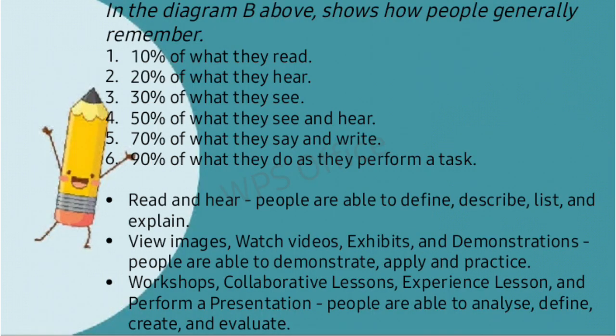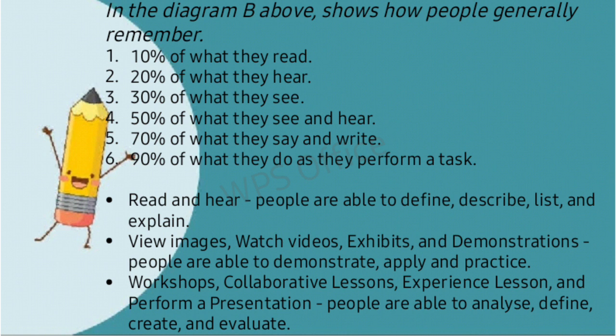So the diagram above shows how people generally remember: 10% of what they read, 20% of what they hear, 30% of what they see, 50% of what they see and hear, 70% of what they say and write, and 90% of what they do as they perform a task.